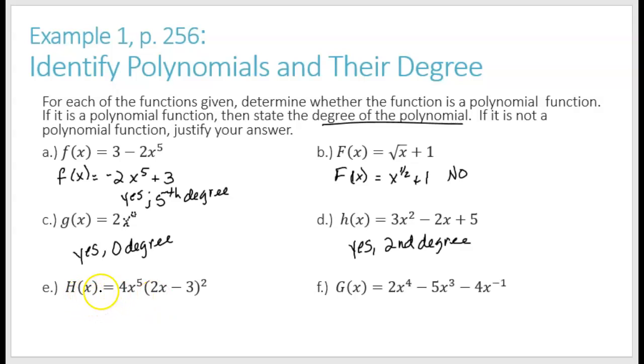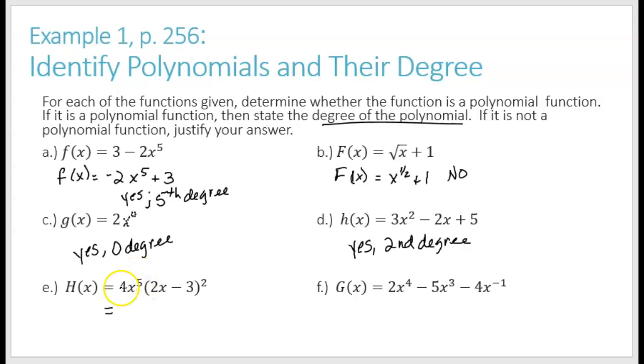Now part E gets a little bit more complicated. What you have to look at on this one is if I were to multiply, this is just already broken down into factors, okay? So to get the degree, we would have to multiply all that stuff through. But before you get stressed out about that thought, keep in mind that really all we need is that highest degree term in order to determine the degree of our polynomial, okay?